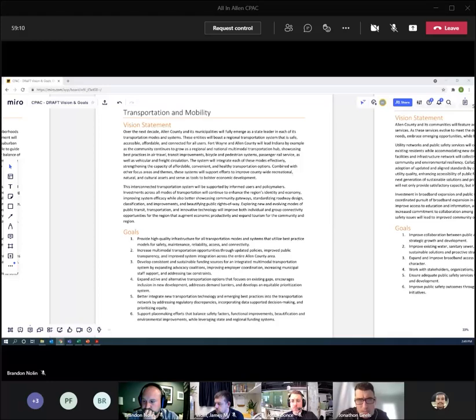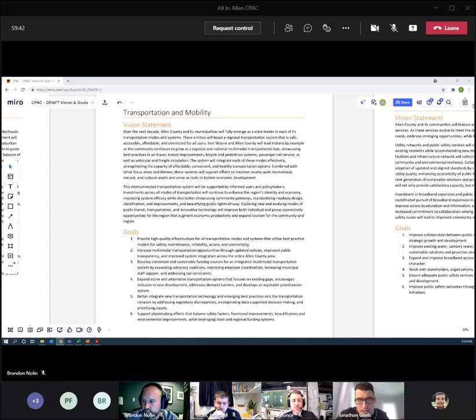Four, expand active and alternative transportation options that focus on existing gaps, encourage inclusion in new development, address demand barriers, and develop an equitable prioritization system. Five, better integrate new transportation technology and emerging best practices into the transportation network by addressing regulatory discrepancies, incorporating data-supported decision-making, and prioritizing equity.